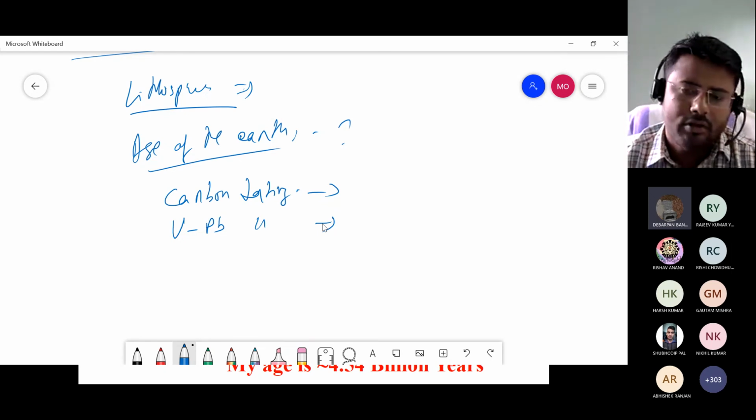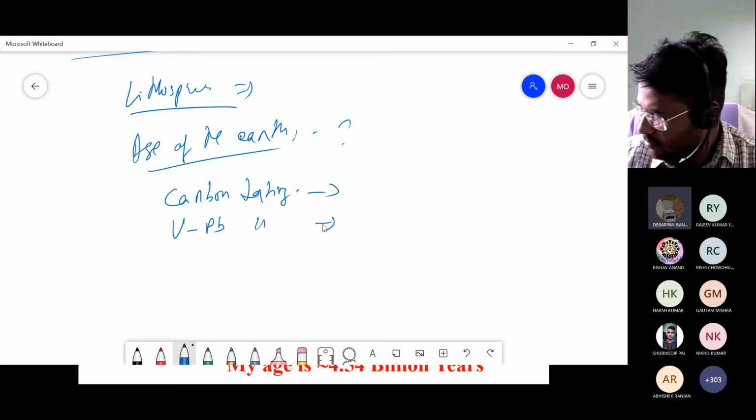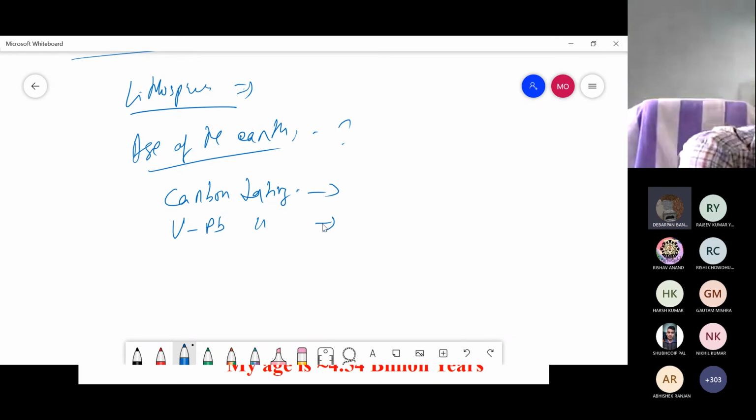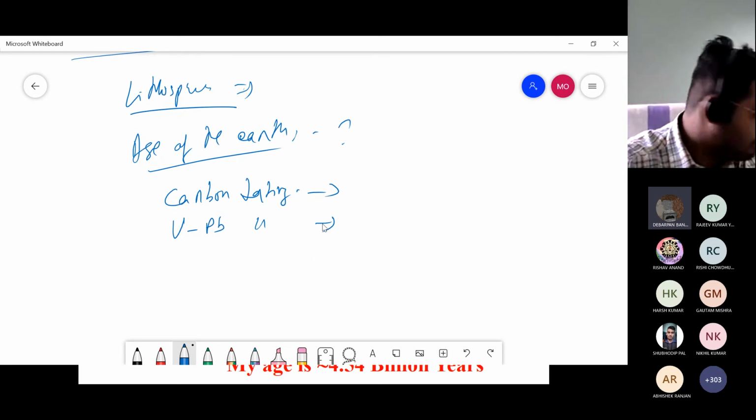Sir, I don't think carbon dating would be proper because there are no rocks on the Earth's surface that are as old as the Earth itself. The Earth undergoes frequent infolding and hence rocks are turned over.